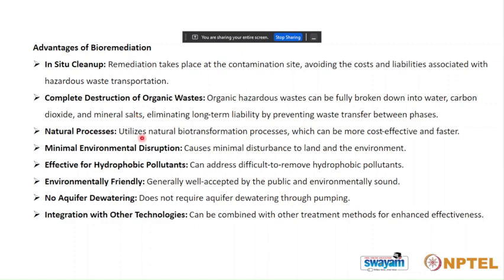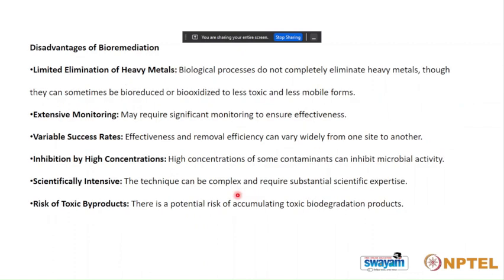In the sense, if the aquifers are contaminated with some contaminants and we want to treat them, we can directly employ the microbes there. So there is no need for dewatering and treating the environment. That is one advantage, and we can integrate other technologies with microbial remediation. So these are the basic advantages of bioremediation compared to other processes.